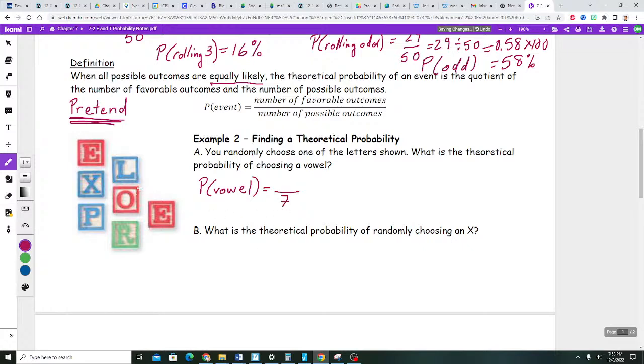And the vowels are A, E, I, O, U. Some of you might say sometimes Y, so I'm not going to put in sometimes Y to begin with. So A, E, I, O, U are the vowels. And if we look then, 1, 2, 3, there's 3 vowels. So what we do is we divide 3 by 7.